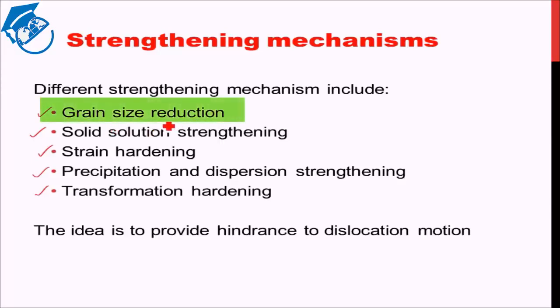In grain size reduction, there will be grain boundaries which will restrict the dislocation motion. So this is basically the grain boundary. I will be writing the factors which are affecting the hindrance to dislocation motion, thereby increasing the strength.